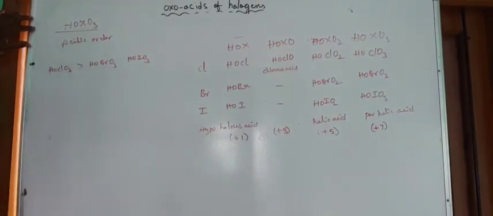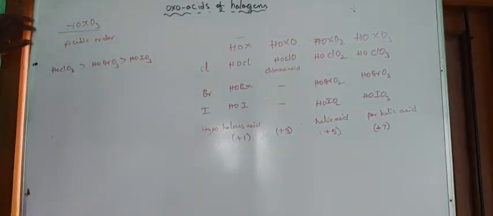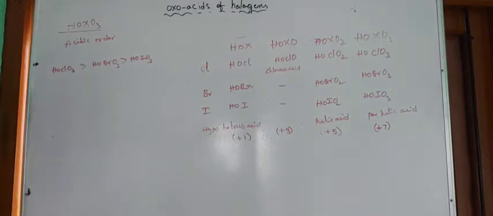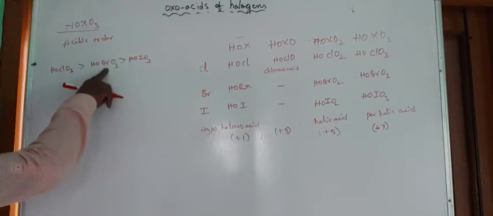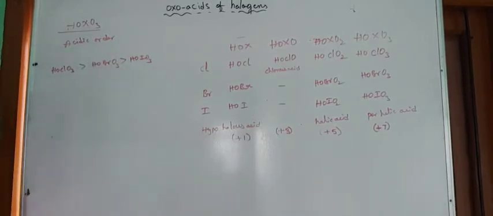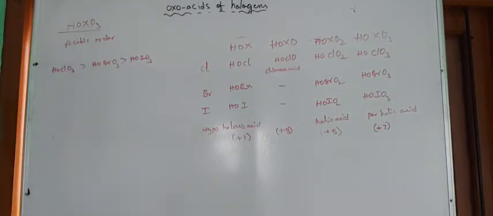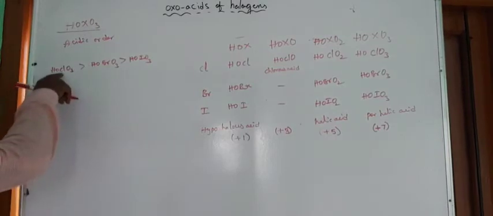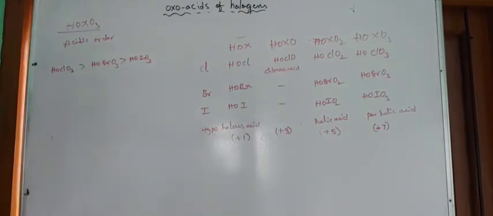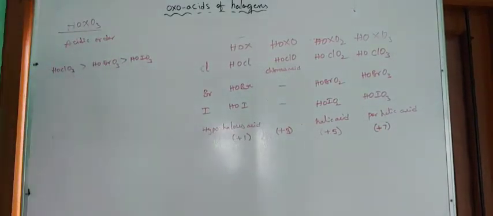HOClO3 is stronger than HOBrO3 and HOIO3. So this is a stronger acid than bromic acid, and bromic acid is stronger than iodic acid. Chloric acid is stronger than the other acids of the halogens. The reason is the small size or more electronegativity of the chlorine. So what I have explained previously repeats here also.